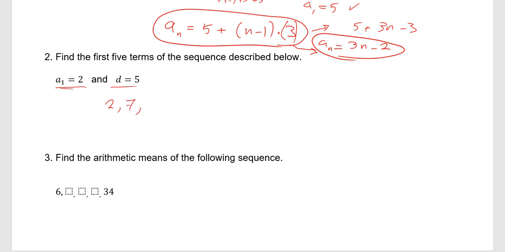So the second term is 7. And then 7 plus 5 is 12. The third term is 12, right? And then 12 plus 5 is 17. So the fourth term is 17. And then the fifth term is 17 plus 5, which is just 22.